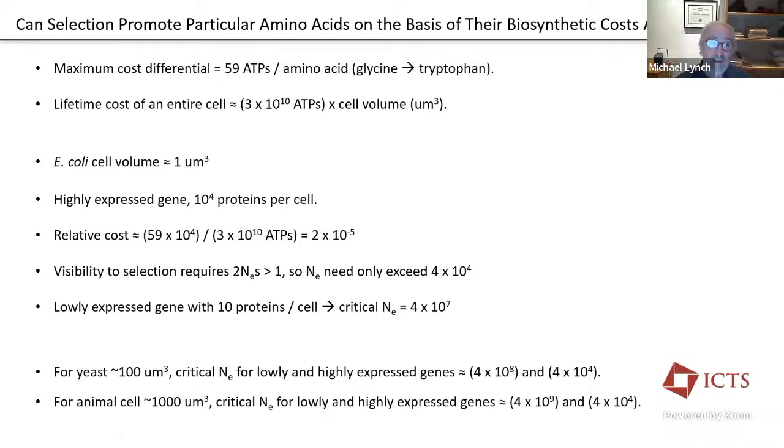So the point here is we can use these kinds of bioenergetic arguments to start thinking about what natural selection can and can't do in different phylogenetic lineages.